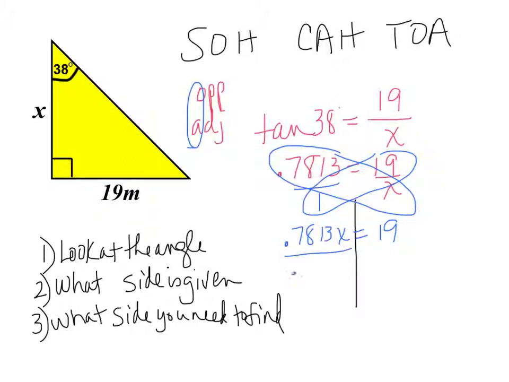So you're going to divide both sides by 0.7813. Those cancel out, and x is equal to approximately, because you always estimate, and we always round to the nearest hundredth. So 19 divided by 0.7813 is approximately 24.32 meters. So that's how long that missing side is.